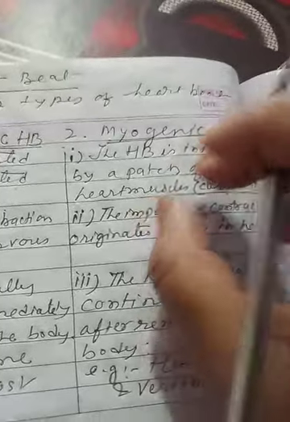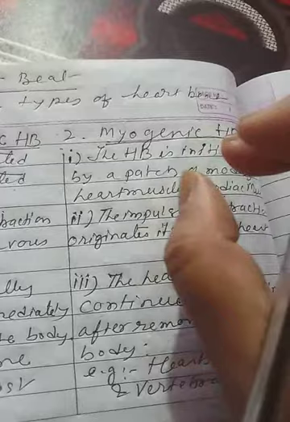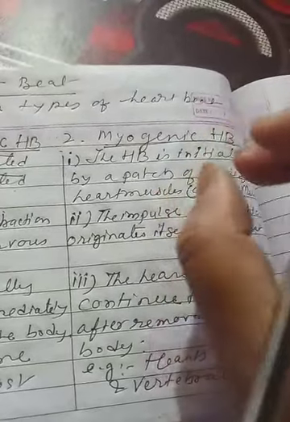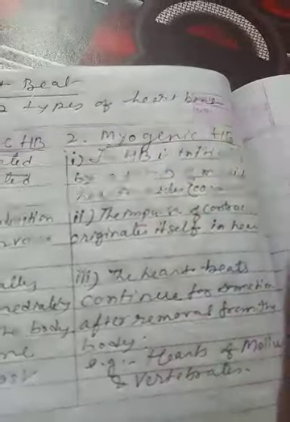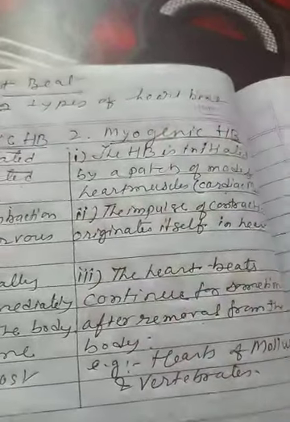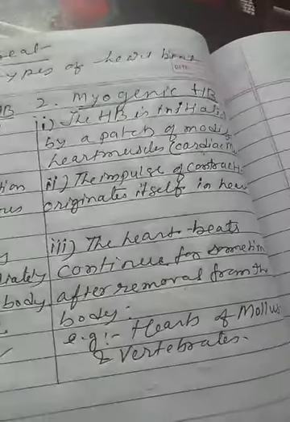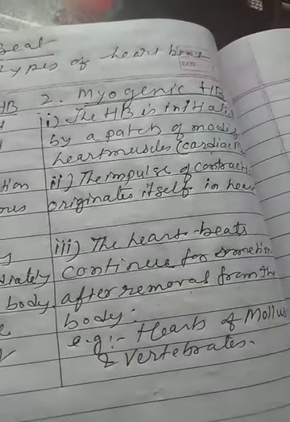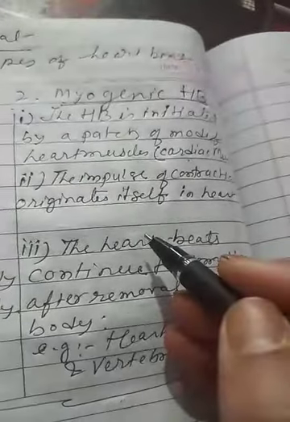If there will be a question, why is the heart of the human called the myogenic heart? Why is the human heart called myogenic? All of you understood this myogenic? Yes, ma'am.